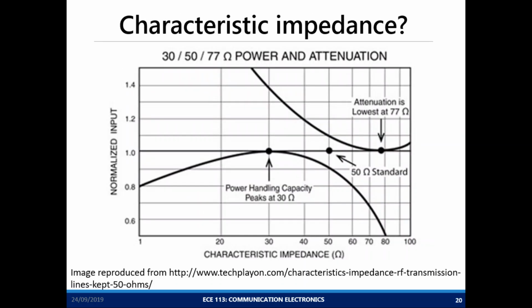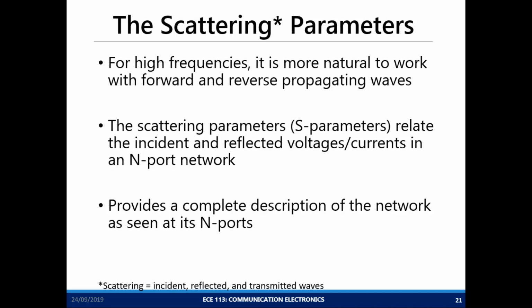For S parameters, we're talking about how a voltage wave going inside the N-port network is being scattered around the network. I provided a visualization of this earlier. When you have an input voltage going inside your N-port network, it will be scattered around. And this provides a complete description of the network seen at its ports.